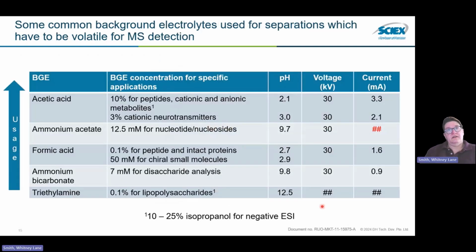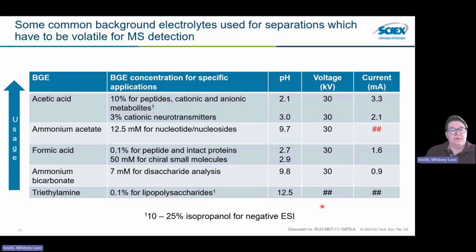What are some of the typical background electrolytes or buffer systems that we use? The most common one that we use is acetic acid, 10% for small ions and peptides, and then 3% for larger peptides. We can use ammonium acetate for various nucleotides and nucleosides, so ADP, AMP, ATP, for example.